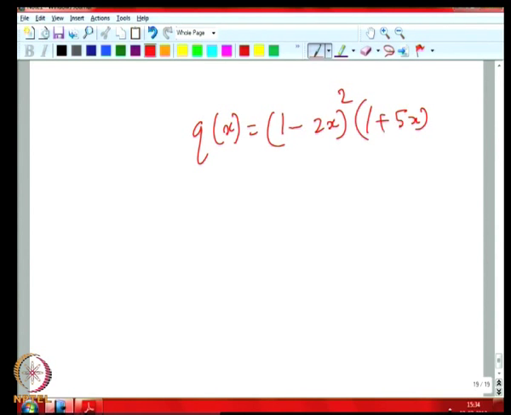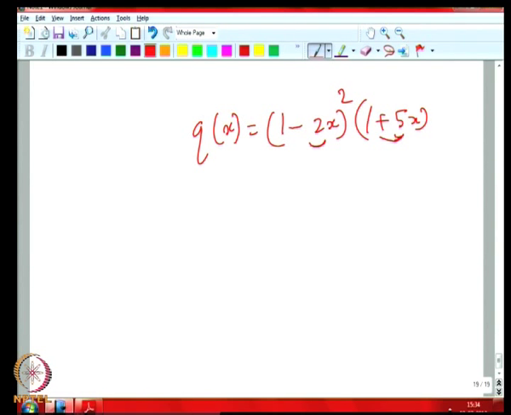That is why those things came, and that is the reason in the answer 2 to the power n and 5 to the power n, so minus 5 to the power n appeared.